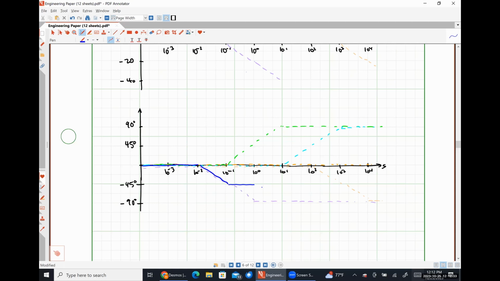At this point, we have positive 45, negative 90, so that would look like still negative 45. Over here, we have a bunch of zeros, plus 90 and minus 90, so we should be back to 0 at this point.